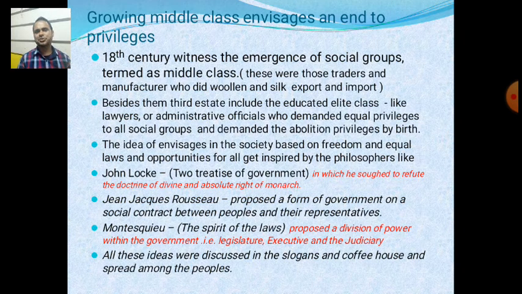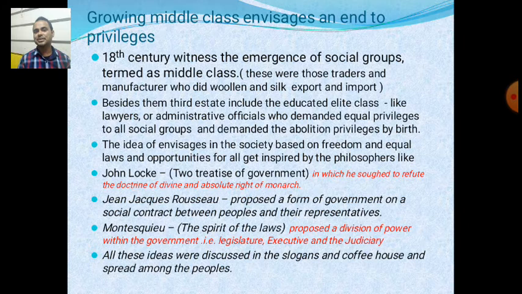The different social groups who emerged in France during the 18th century were called what, the middle class. Now who is this middle class? Basically, they were also from the third state, the unprivileged class. But who were they? Let us try to see.